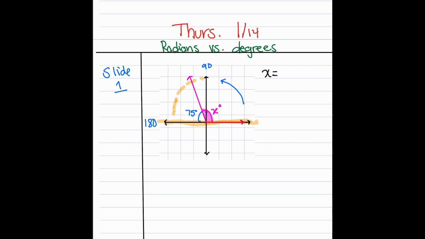Another way you could potentially come to that value is you would say, okay, each quadrant is 90. So if the first one is 90, the second one is 90, 90 plus 90 is 180. So the two quadrants together are 180.